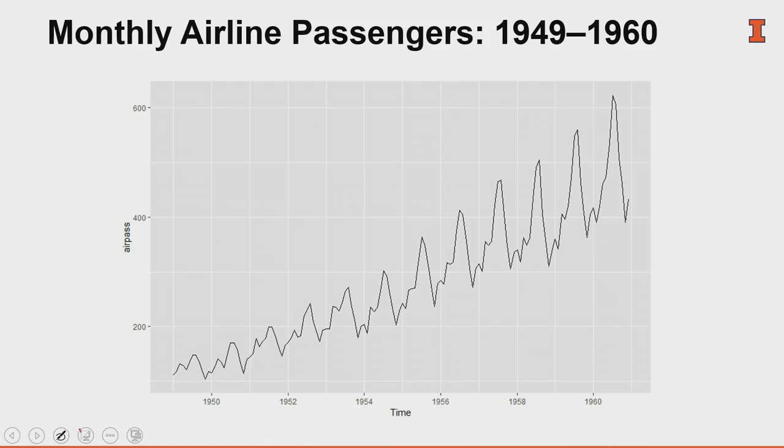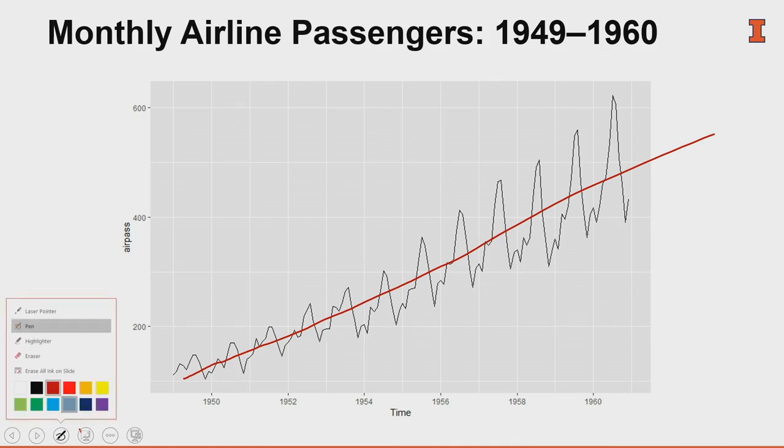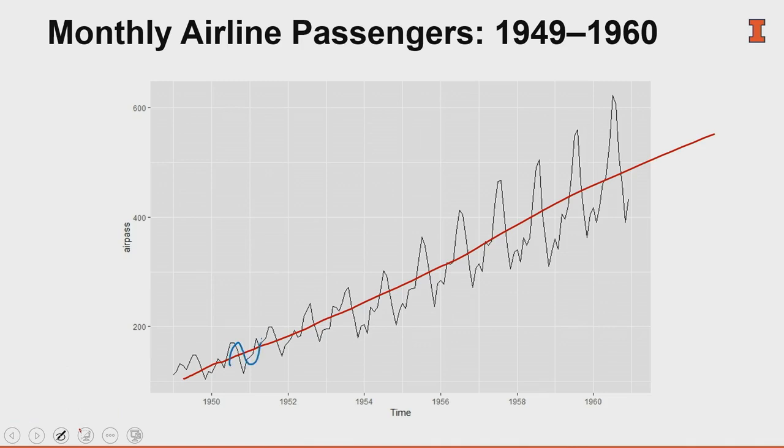We can see here some interesting observations. Just by eyeballing it, there does look like there is some sort of trend. It's an upward trend. So as we go into the future, more and more people are riding the airplanes, the international passengers. The other thing I notice is that there seems to be some sort of cycle here, right? You can see this up and down, and it seems to be at regular intervals.